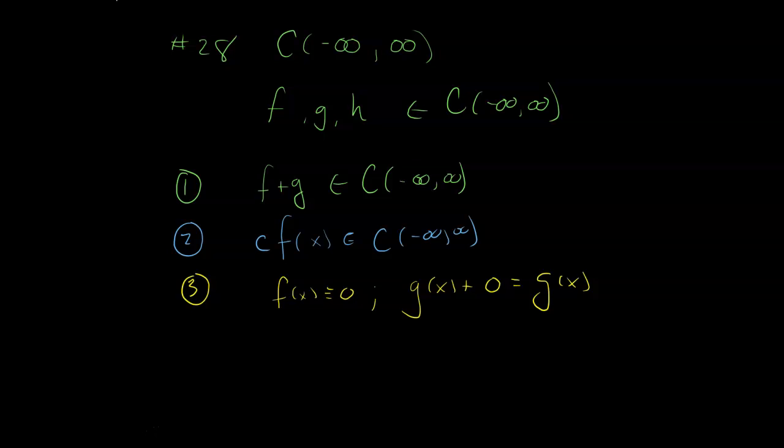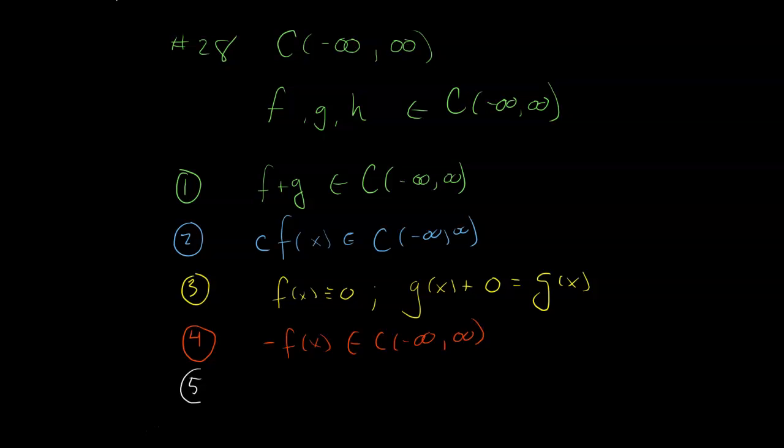The fourth property for vector spaces is that for every vector there is a negative, right? If you have some continuous function, saying f, g, and h are continuous, well, if it's continuous, then the negative version of it is also continuous. So the fourth property is also true.